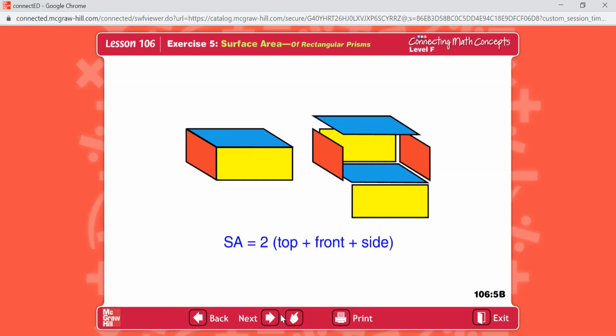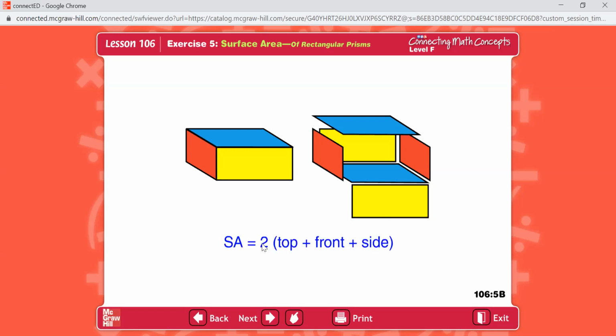Here's the equation that we'll use to figure out the surface area. Surface area equals 2 times the quantity top plus front plus side. I'll say that again. Surface area equals 2 times the quantity of top plus front plus side.